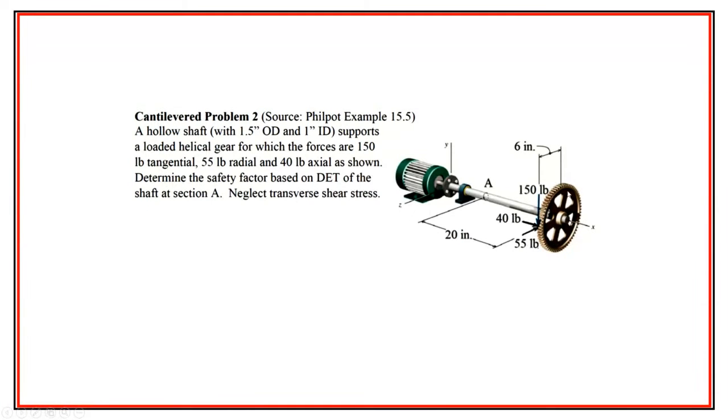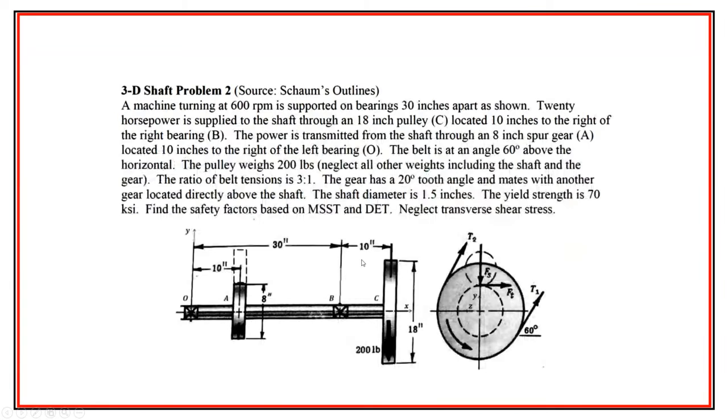I guess this is supposed to be a helical gear, although it doesn't look like one, because it has a component that ends up being axial, right? It's got an axial reaction of 40 pounds.